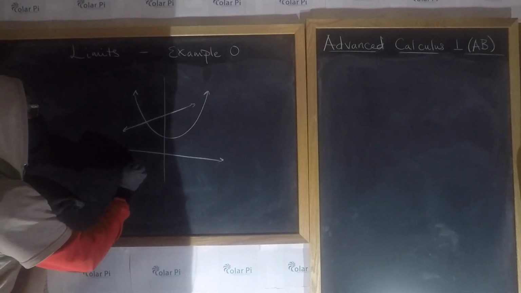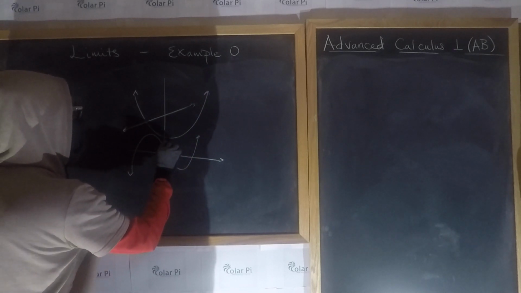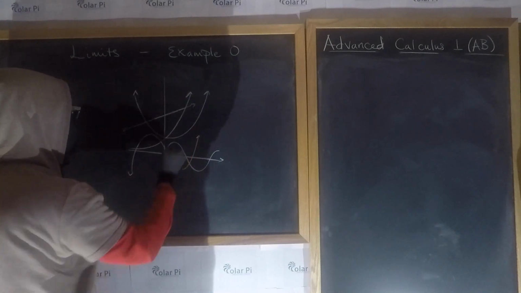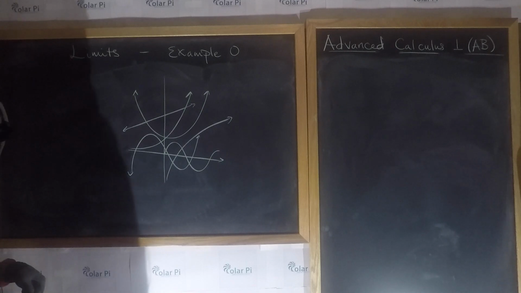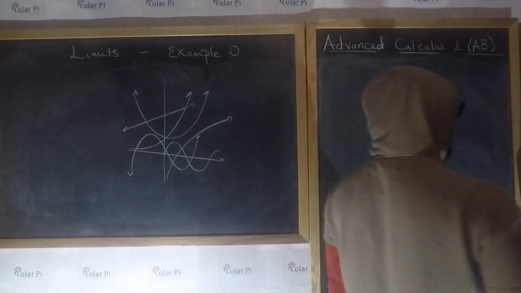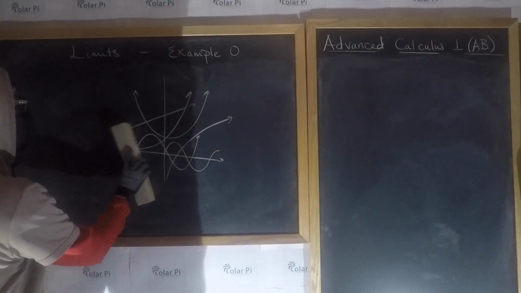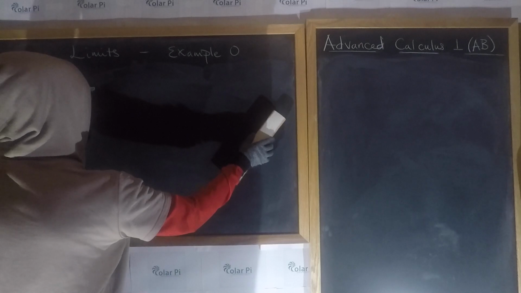Same is true if we have cubics. Or the fancier functions like sine and cosine, or even e to the x, the natural log. All these guys have limits everywhere in their domain, yeah? And for most of these guys, their domain is all real numbers, so they have limits at all x values.